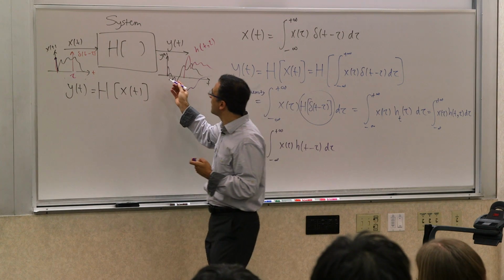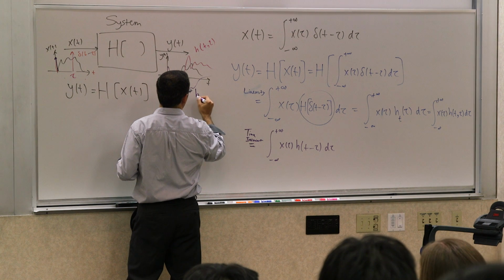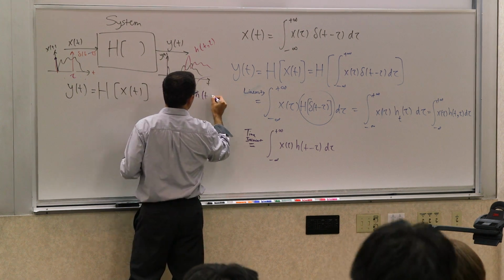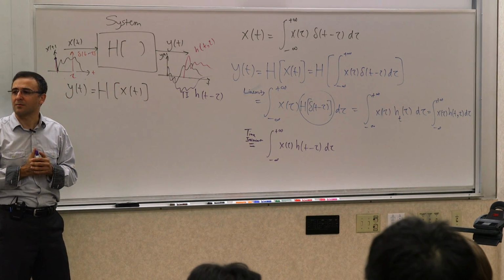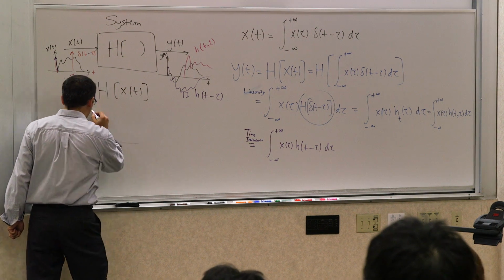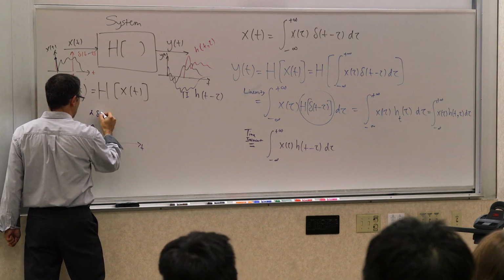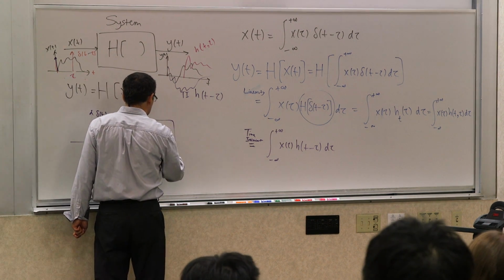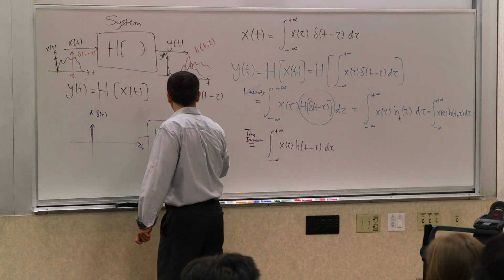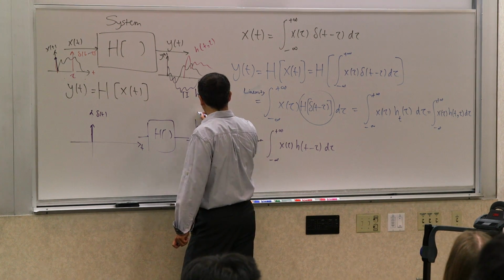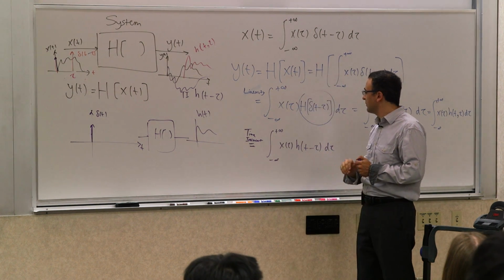Then the impulse response for a time invariant system would become h of t minus tau. It would only depend on the difference of the times. In other words, if you hit it at time t equals 0 with an impulse, so if this is delta of t, its output, so this is system H, its output is going to be some h of t. And this is that h of t shifted by tau.